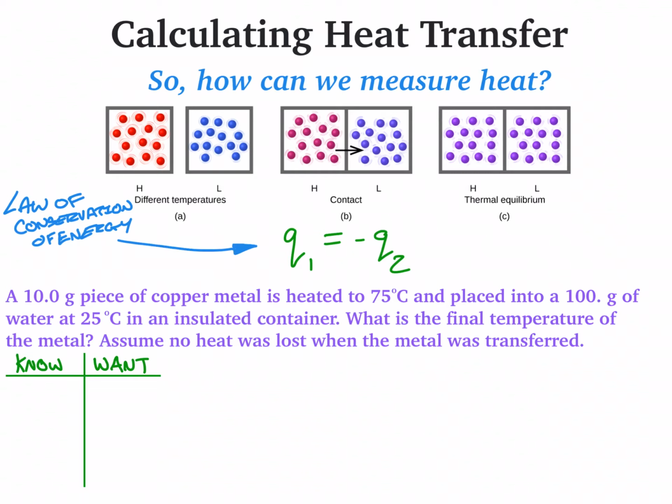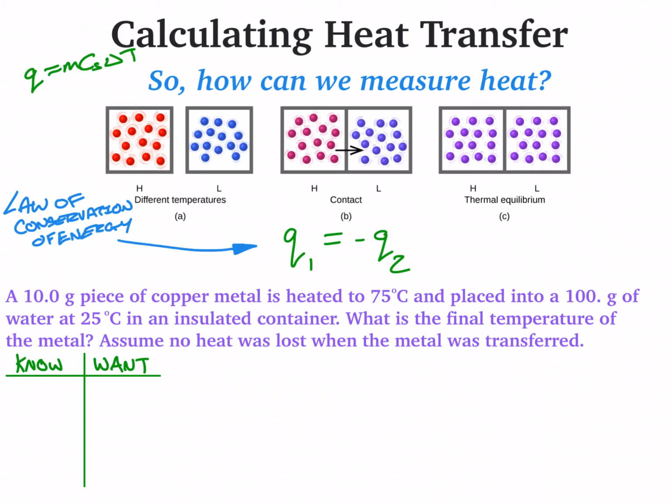So how can I use my knowledge now that Q equals mc delta T to help us out with this? Well, what we want to think about is the fact that whenever a heat transfer happens, one thing is going to absorb heat and one thing is going to release heat, okay? Especially when those objects have different temperatures, right?